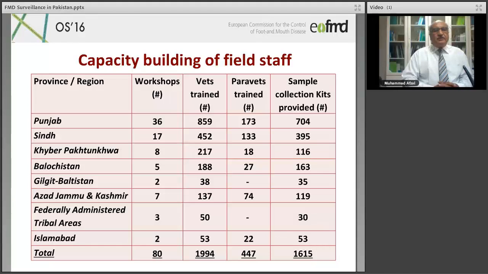During this 2-day training workshop, we trained them in disease diagnosis, FMD vaccines and vaccination, sample collection, storage and transportation. Then we provided training on biosecurity and treatment, and lastly on the basic concepts of epidemiology for controlling the disease.